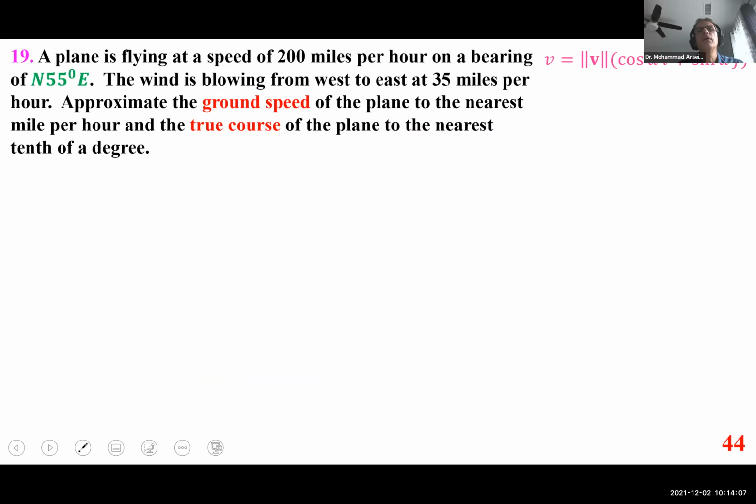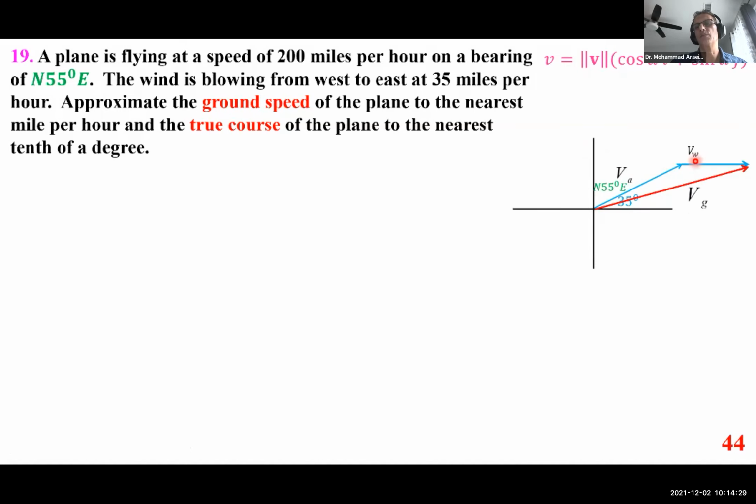Perfect. So what we are looking at is this. We are going north 55 degrees east, so this angle is 55 degrees. The wind is blowing this way from west to east.